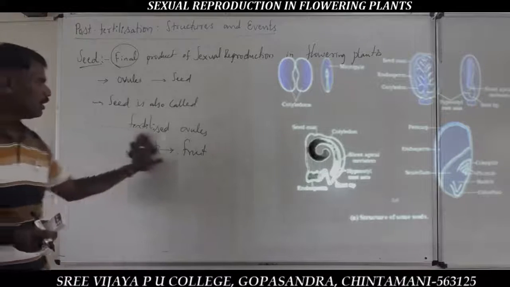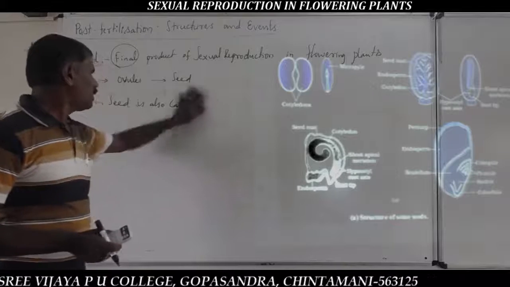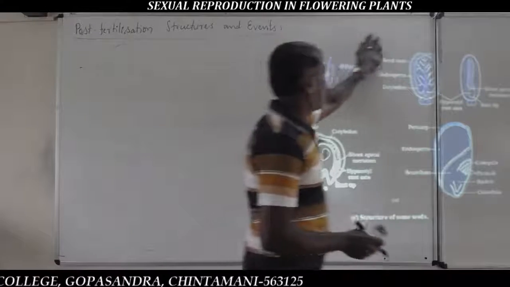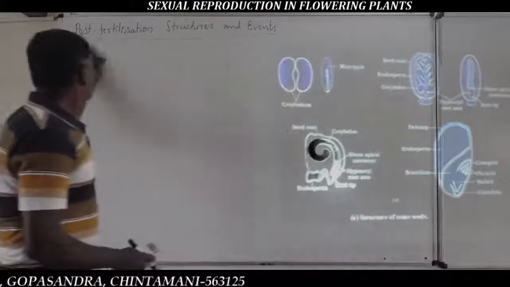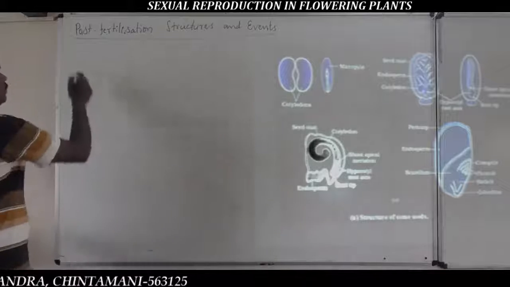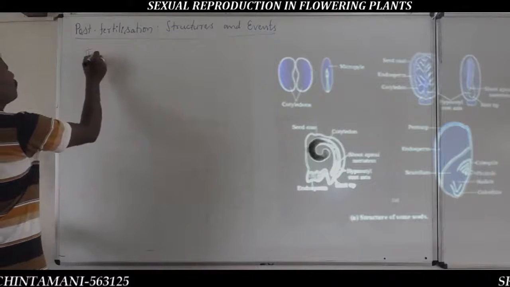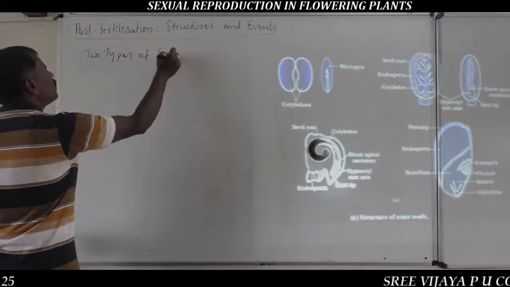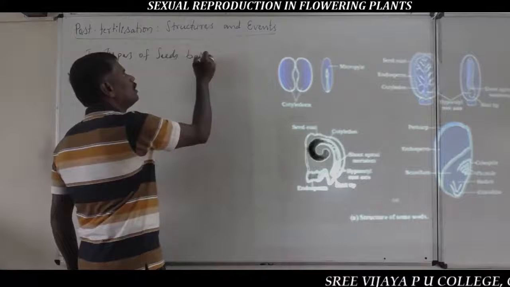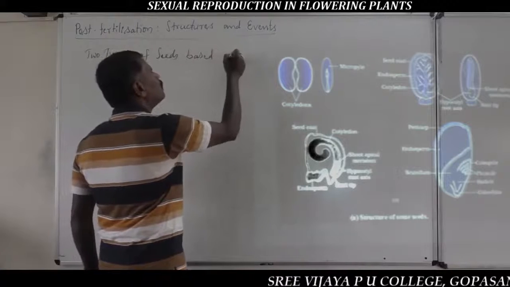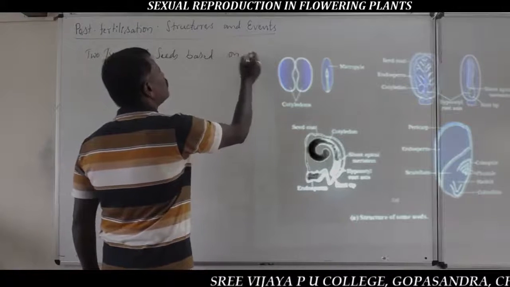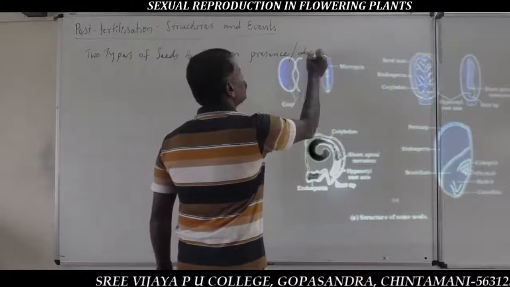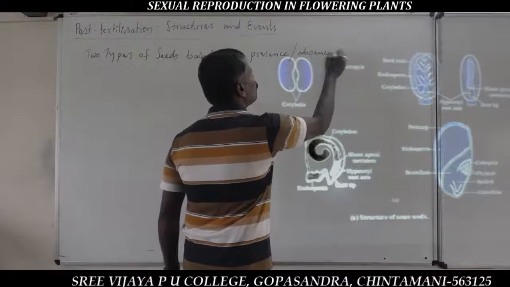So here, the seeds are of two types, based on the presence or absence of endosperm.